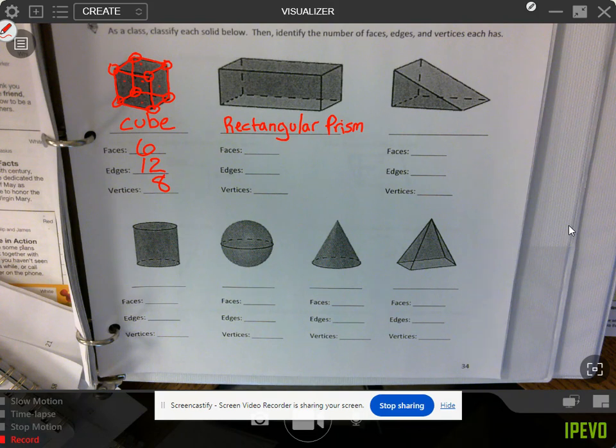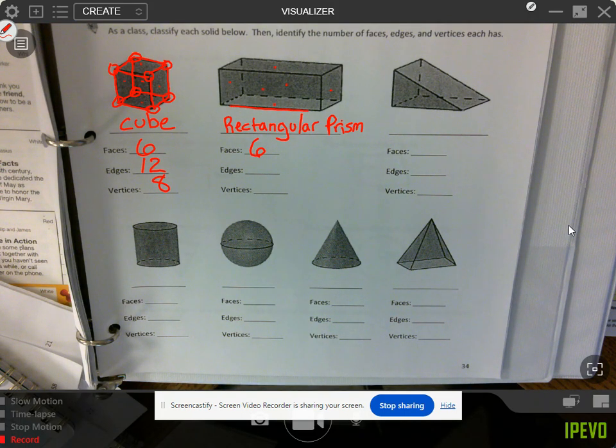How many faces does a rectangular prism have? Melanie? 6. Just like with our cube, there's the front, the top, the bottom, and the back. There's this side and this side, so there are 6. How many edges are there? Layla? 12.